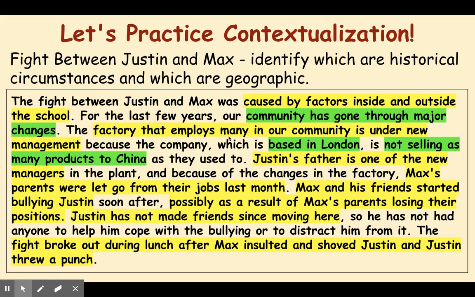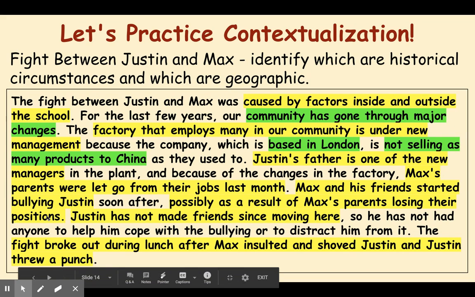The first thing that I thought was historical is that the fight was caused by factors inside and outside of the school. I said the factory that employs a lot of people in the community has new management, that Justin's father is one of the new managers, that Max's parents were let go from their jobs last month, and that Max and his friends started bullying Justin, possibly as a result of Max's parents losing their jobs.